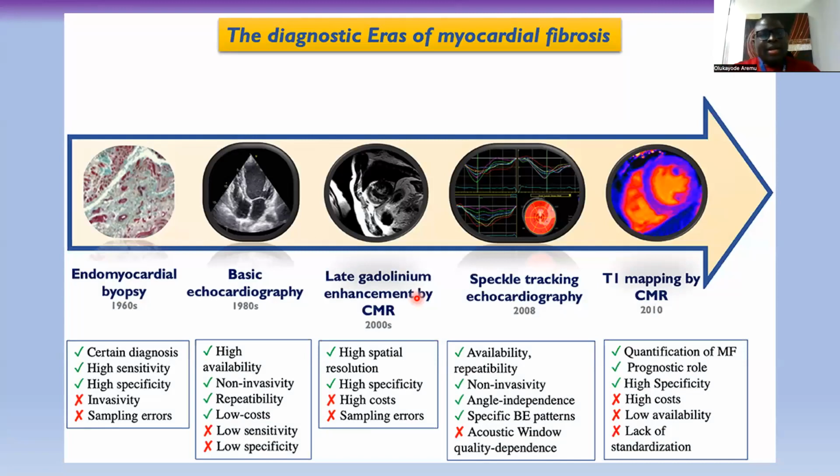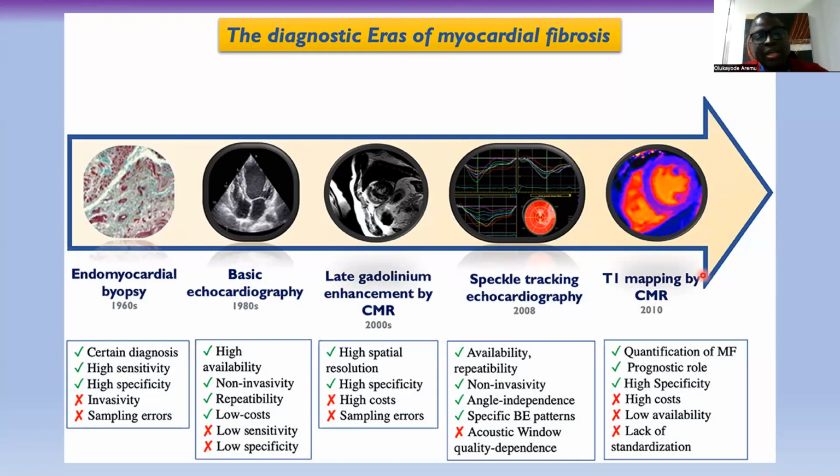And then looking at the era of myocardial fibrosis assessment, there was an era in the 1960s where they took a bit of biopsy tissue. That is invasive because you have to put your patient to sleep, cut their heart and take a bit of biopsy to perform that. Very invasive.